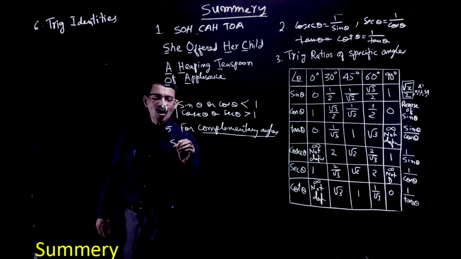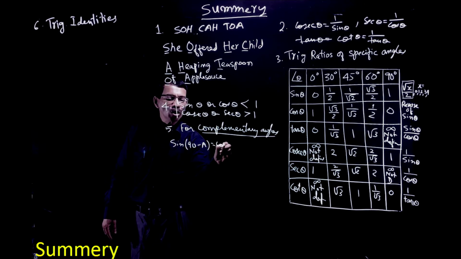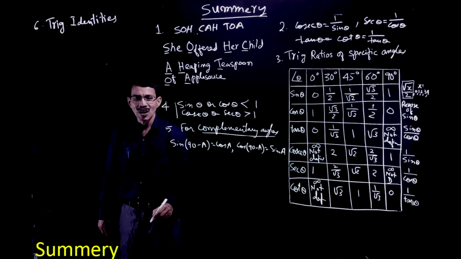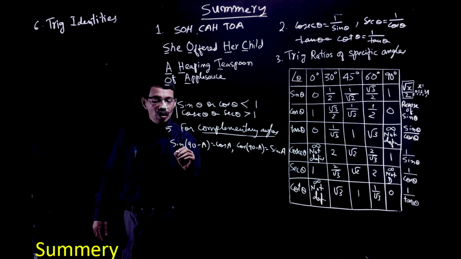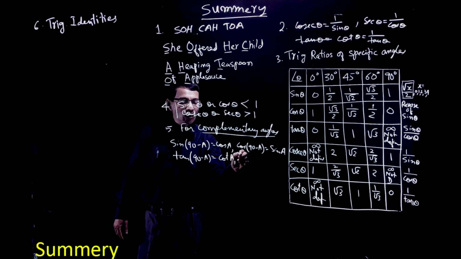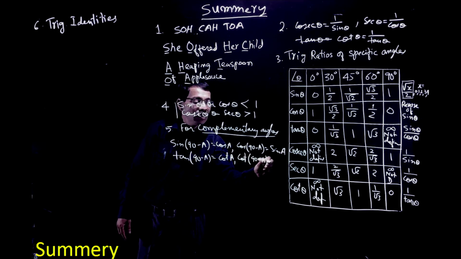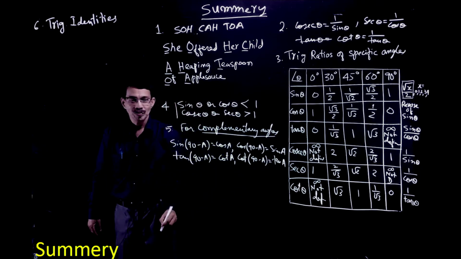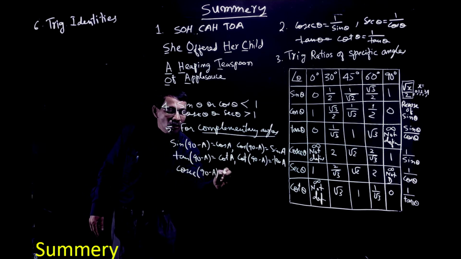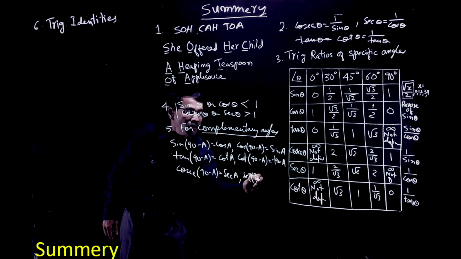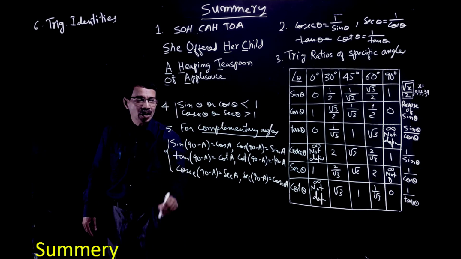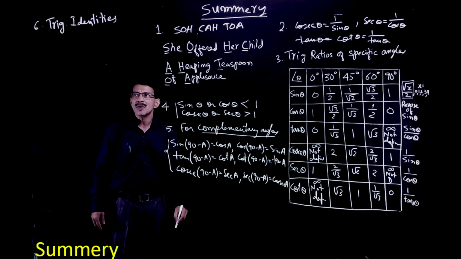That is, sine of 90 minus A is equal to cos of A, and cos of 90 minus A is equal to sine of A. Second is tan of 90 minus A is equal to cot of A, and cot of 90 minus A is equal to tan of A. Then next, cosec of 90 minus A is equal to sec of A, or sec of 90 minus A is equal to cosec of A. So these three things of complementary angles, trigonometric ratio, we have to remember like this.